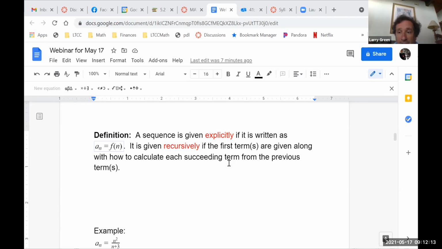If there's branching, it's actually 2 to the 1,000 different computations, which is more than a computer can handle, and you crash your computer. Or even worse, you crash your brain if you try to do it by hand. Y'all agree? So recursively defined functions are dangerous, but sometimes that's the way you have to do it because that's all we've got. Explicitly is better if you can do it.